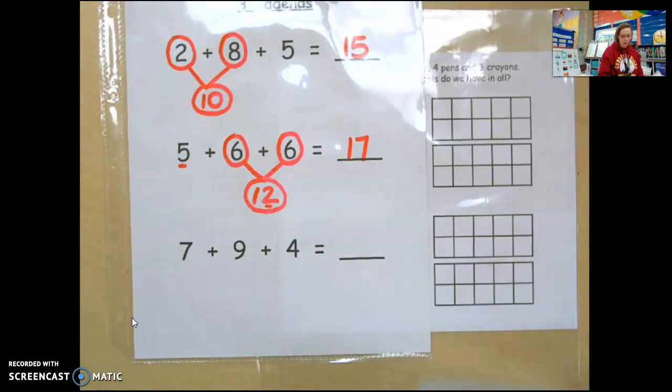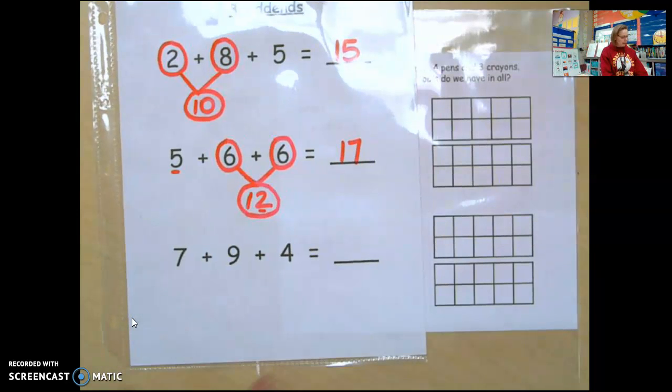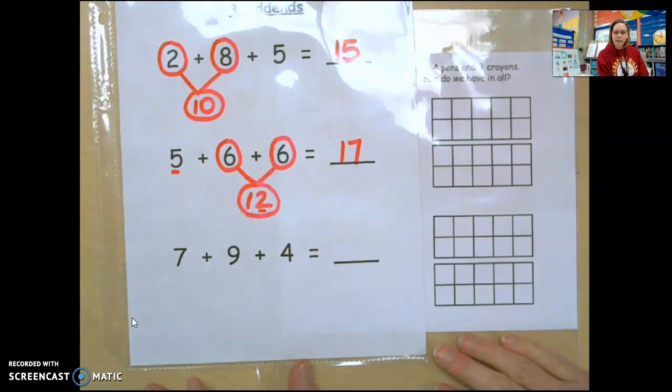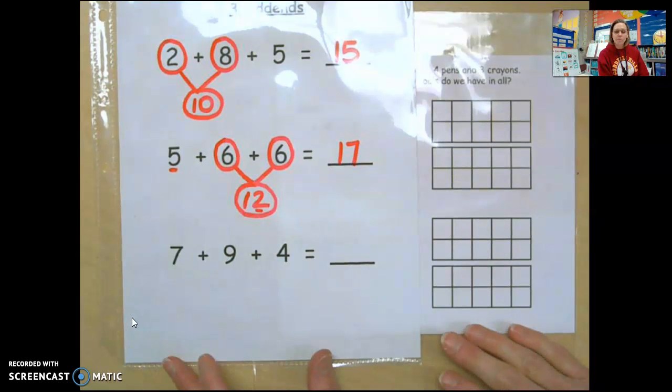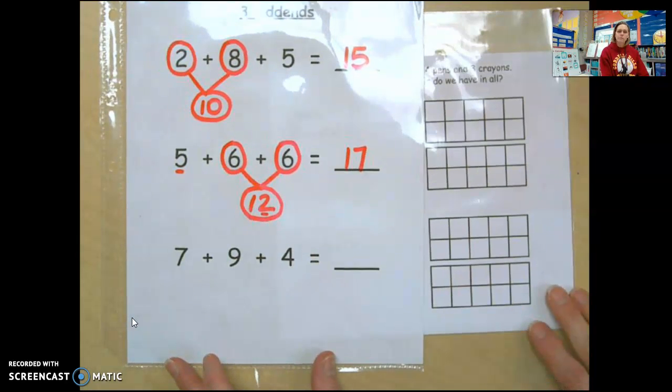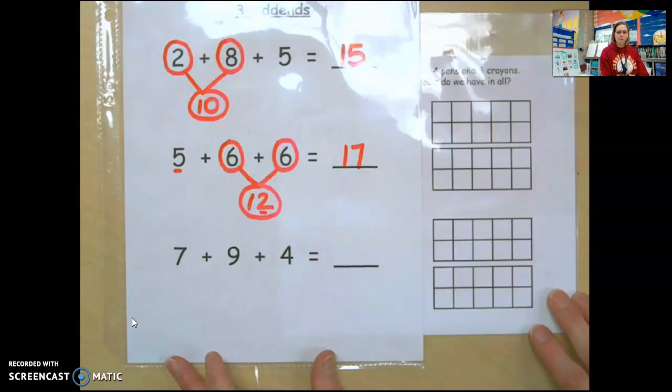Got one last one here. All right. So now this one, oh, gee, it's a little bit different, isn't it? Do you see anything that can make a double? I don't see anything that can make a double. Do you see anything that could make a 10?